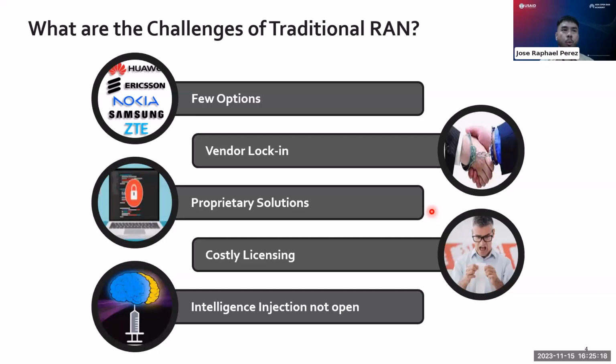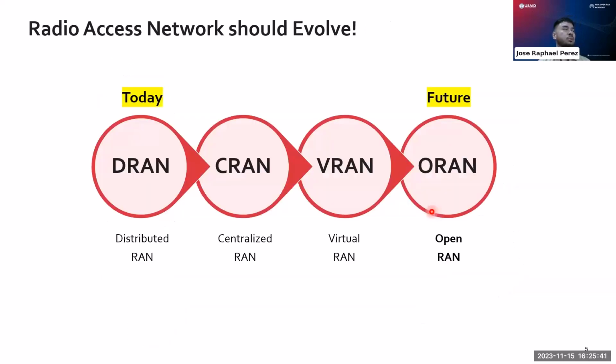Whatever software you have is the only one that you can use in your network. With these challenges, there is a push for operators to make the network evolve. Currently, we are operating in a D-RAN environment.